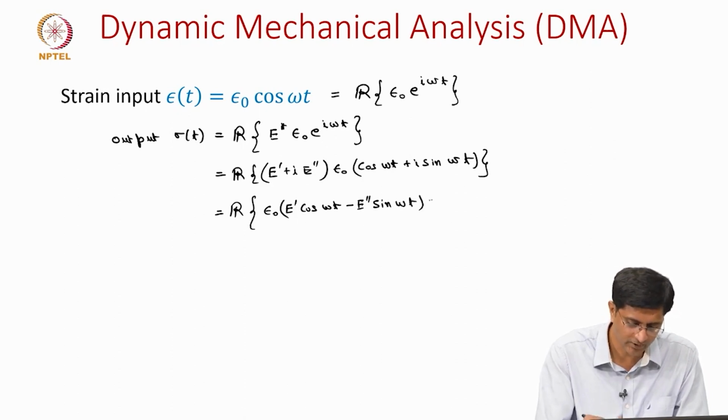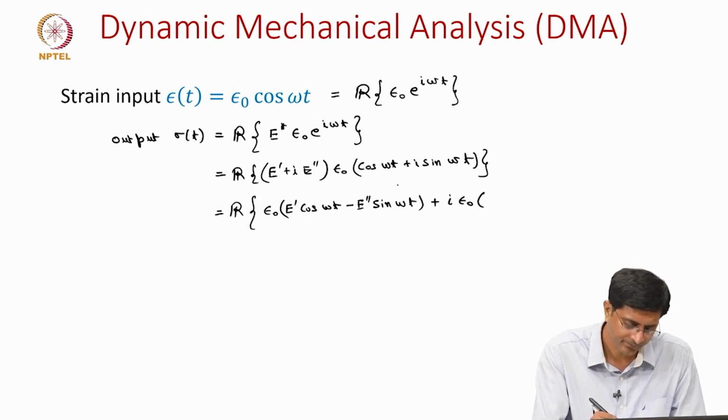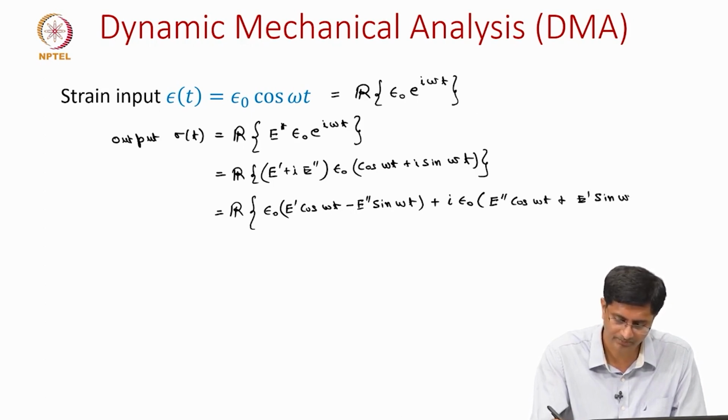This will be the real term, and if we write the imaginary term, it will be i epsilon naught times E double dash cos omega t plus E dash sin omega t.